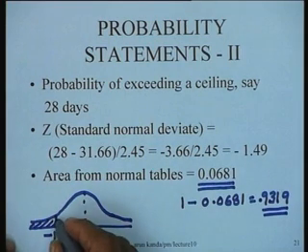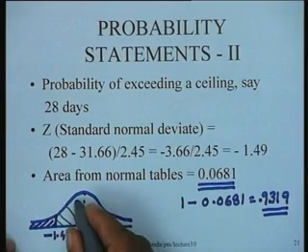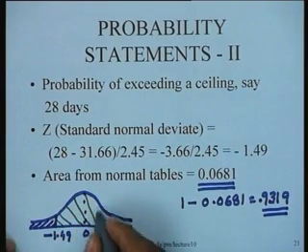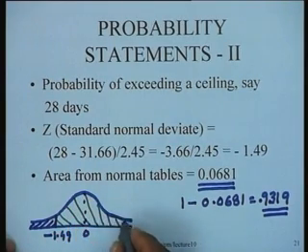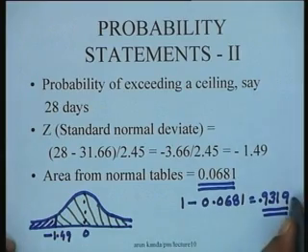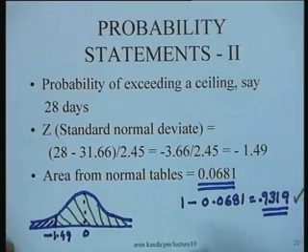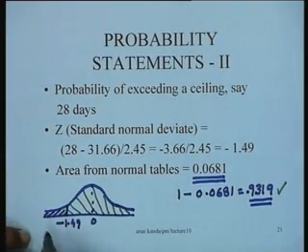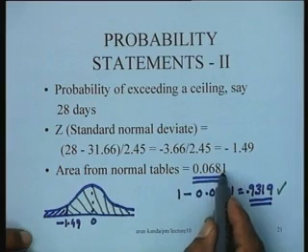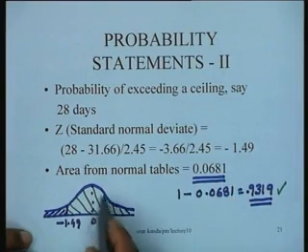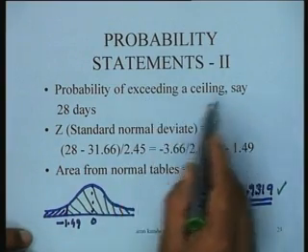That means it is this particular area which is the probability that you are actually interested in computing, the one that is shown in green. So the area shown in blue here is 0.0681, but the area shown in green here is the probability of exceeding a ceiling.